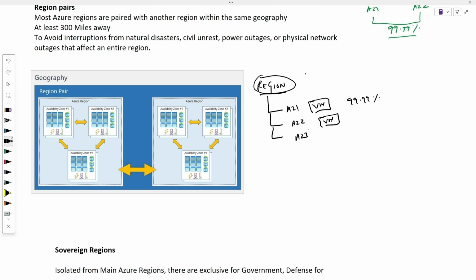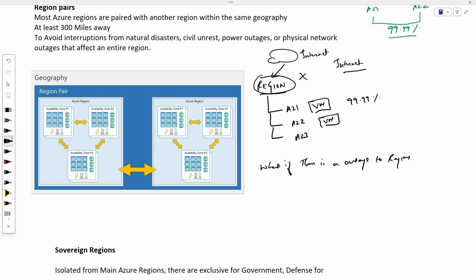What if there is a region failure, right? What if there is an outage to a region? Because all your services are accessed via the internet, the fiber optic connection or the internet which is coming from the global internet provider.